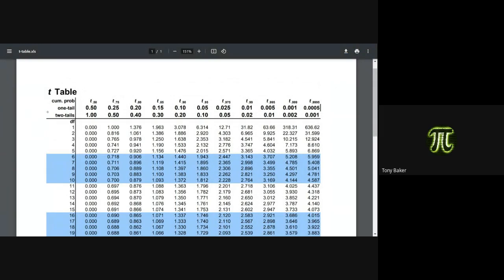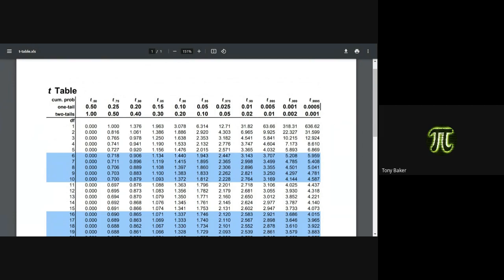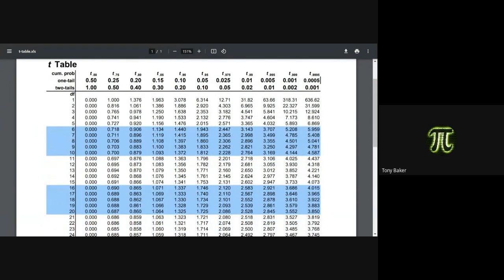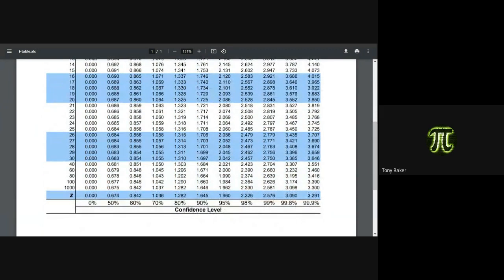Okay, look at the top: one tail or two tails. We're looking at two tails, so we're right here. That's one tail on top, two tails is the one on the bottom. My degrees of freedom is going to be 199, which isn't on the list.